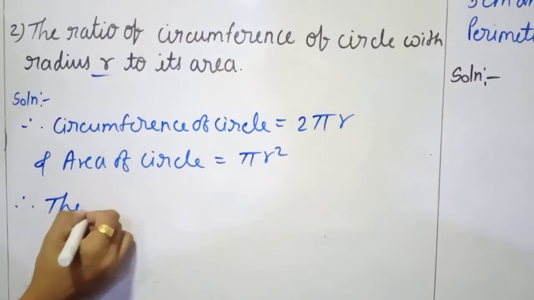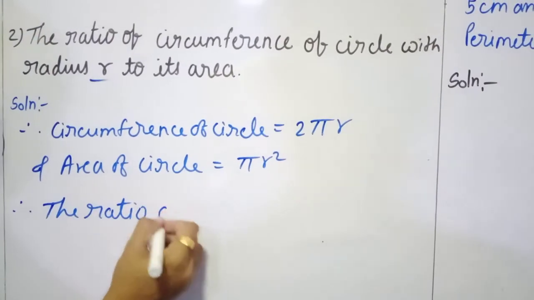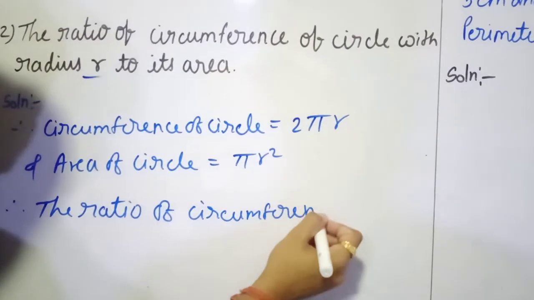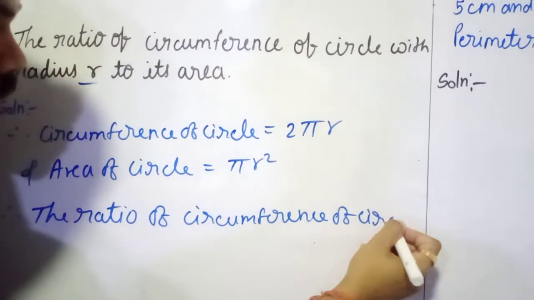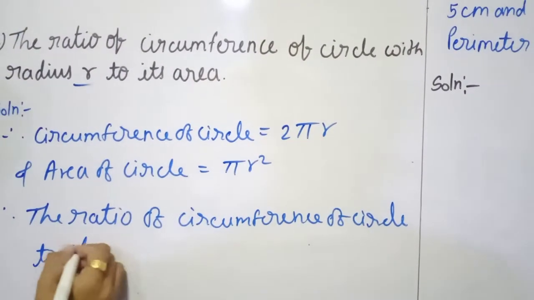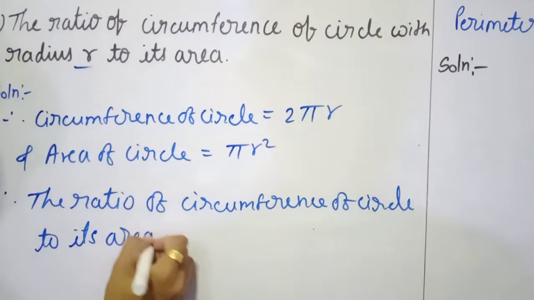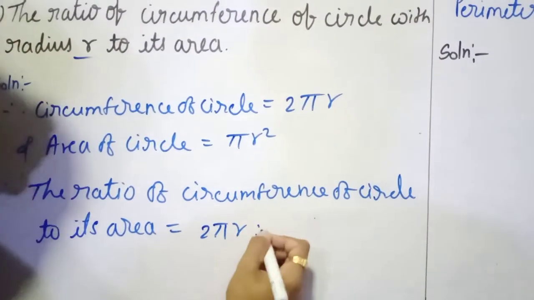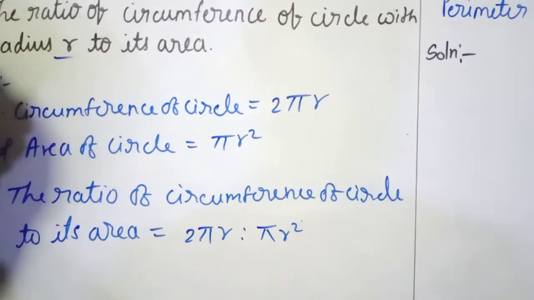Therefore the ratio of circumference of circle to its area is equal to, what we have to write, 2 pi r is to pi r square.